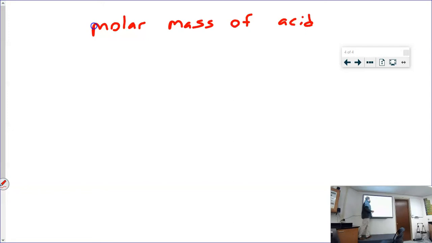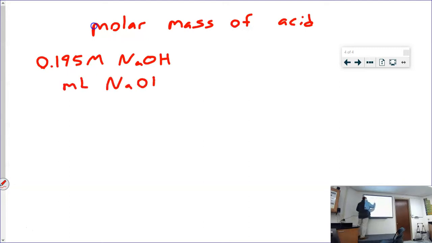That's the goal. What do we know about the base? Whenever you want to solve for the acid, we start with the base. So what do we know about the base? Well, we know that our molarity of base is 0.195 molar sodium hydroxide. That's half of what we know. What's the other half that we know? We also know the milliliters of base.